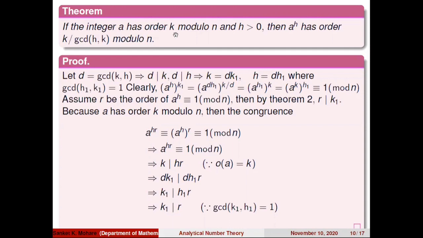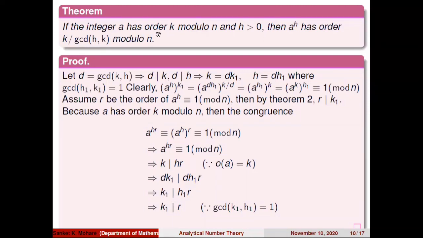Suppose a has order k modulo n, and for any positive h, if we wish to find the order of a to the power h, then this order is equal to k upon GCD of h comma k, where h is the power of a, and k is the order of a.